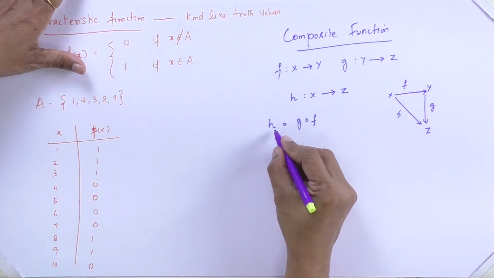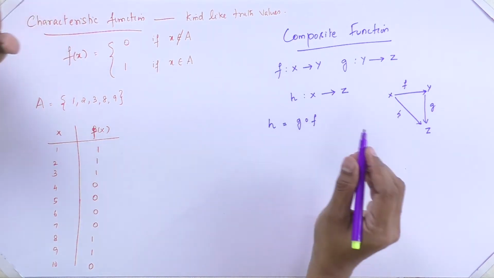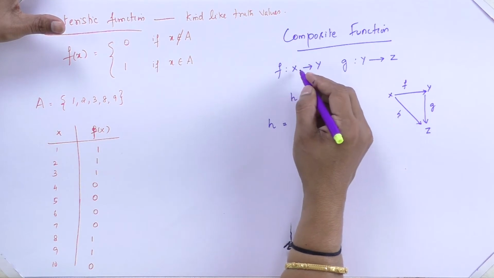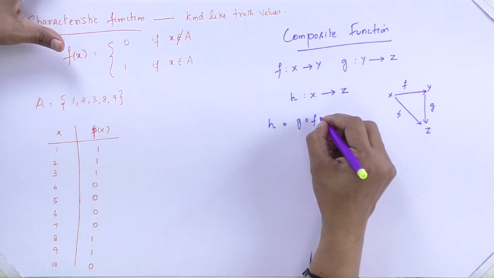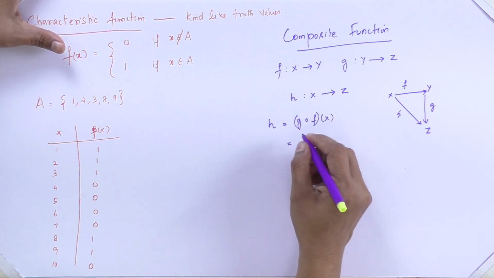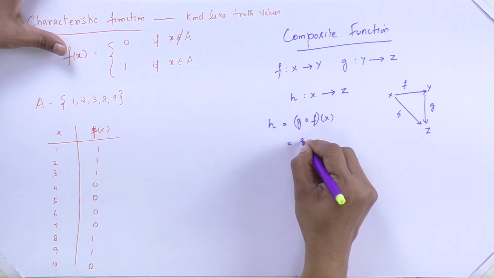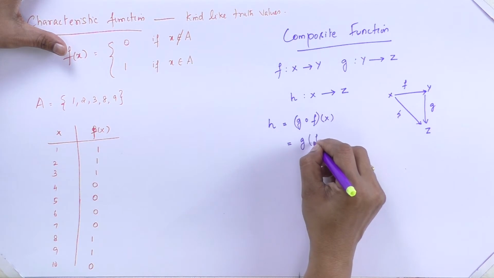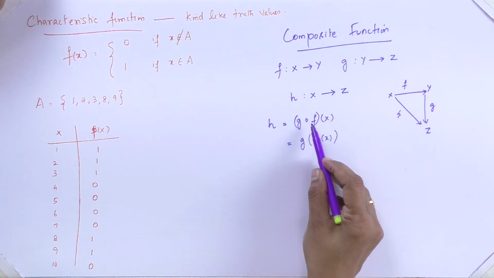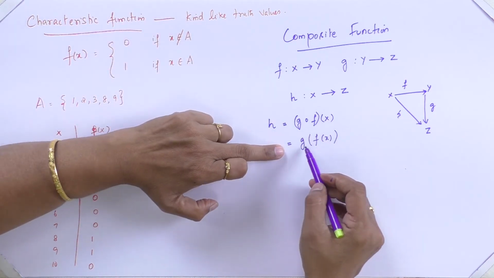So h is equal to g composition f. So f of what? You will have to see the domain element. So domain element is what here? x, right? So now this is equal to, I can write it as g of f of x, right? It can be written like this.